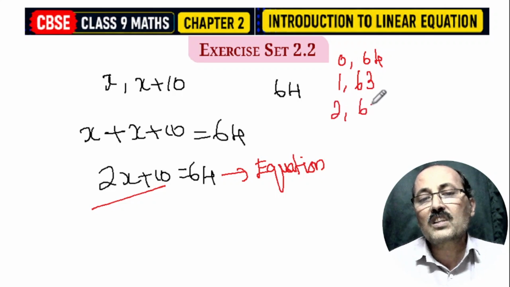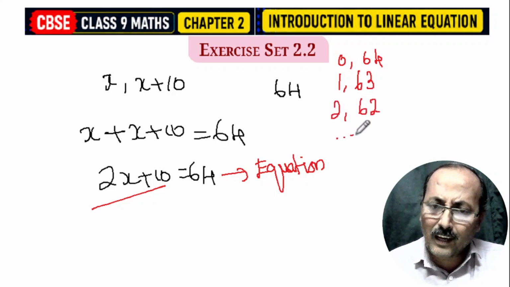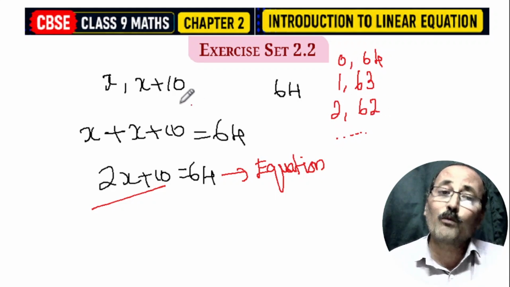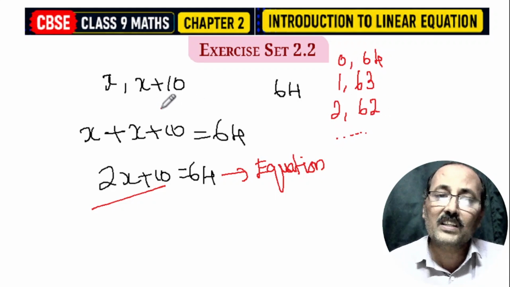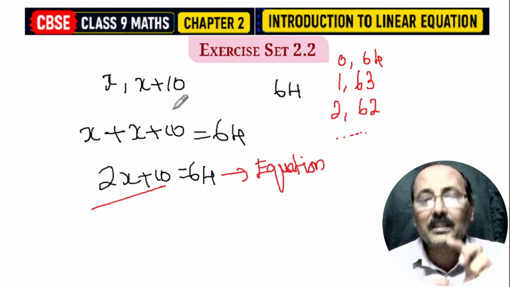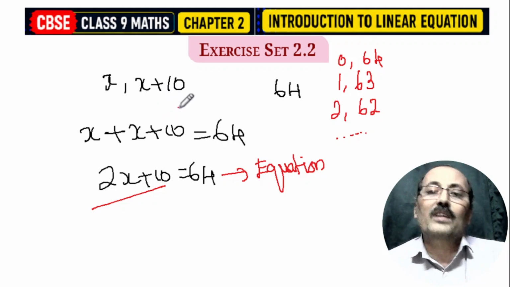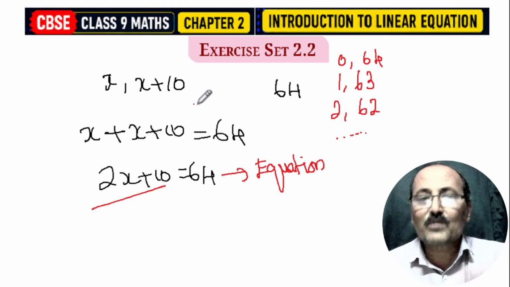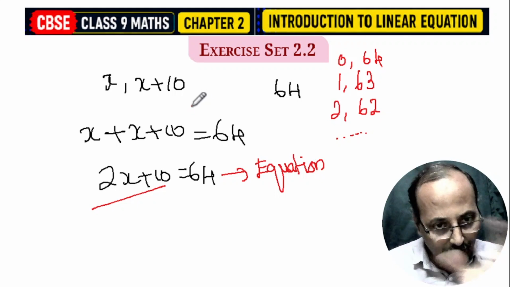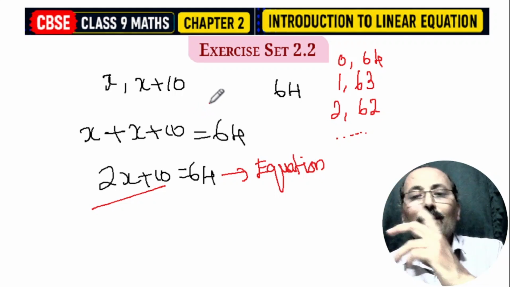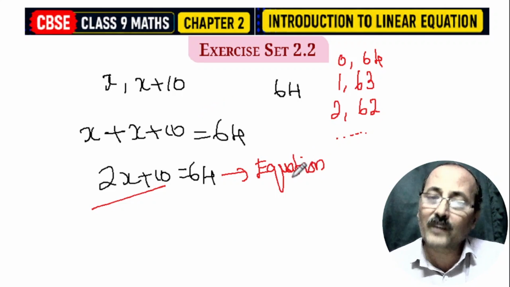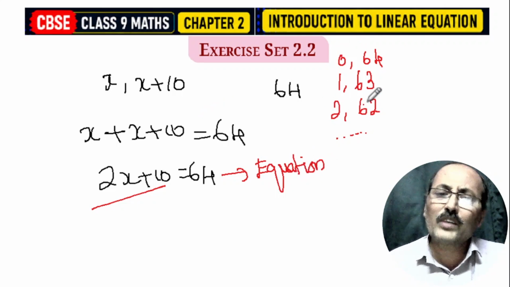Then 2 comma 62. Like that, there are so many possibilities. That's why there is one more condition: one number is 10 more than the other. So based on this, you should have that condition. Then only you can solve this and we can frame it as an equation. Like this you can frame an equation.